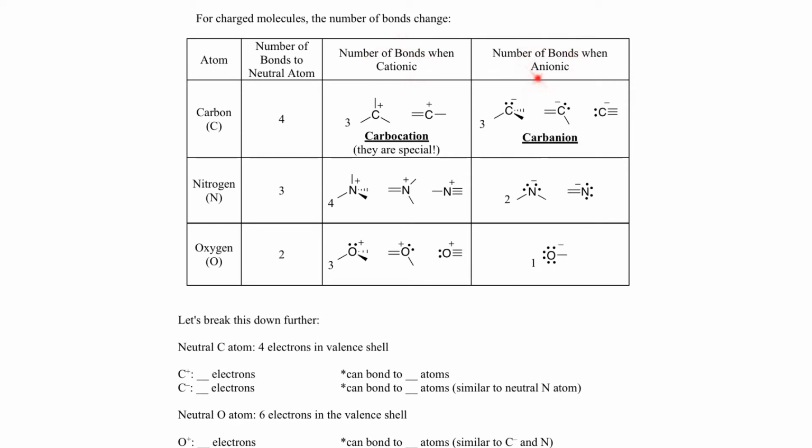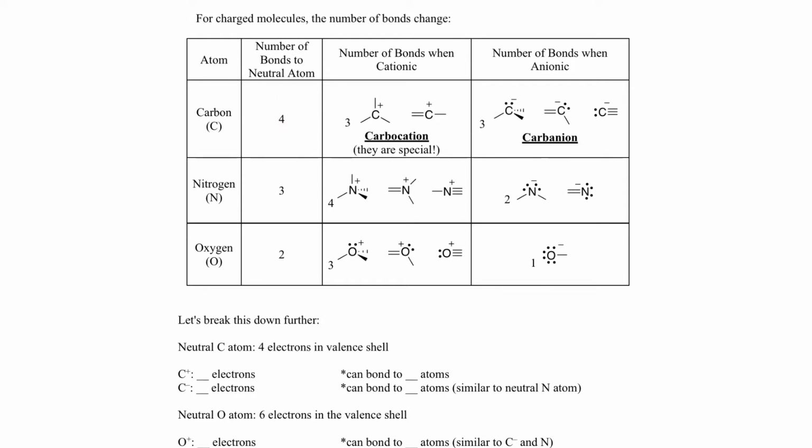So carbon, when it's neutral, is going to give you 4 bonds. However, when it's cationic, it's going to be called a carbocation because of that positive charge. And instead of having 4 bonds, it's going to have 3.